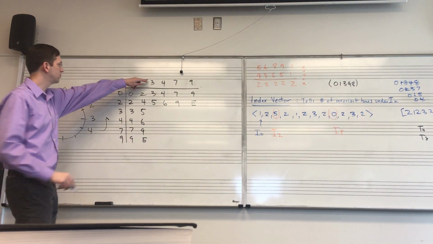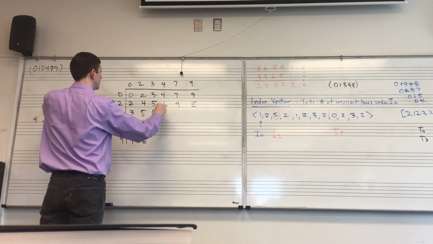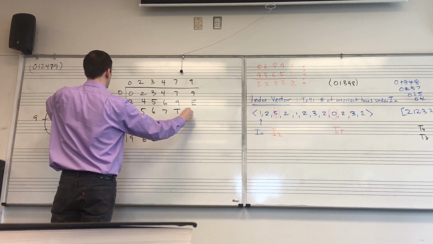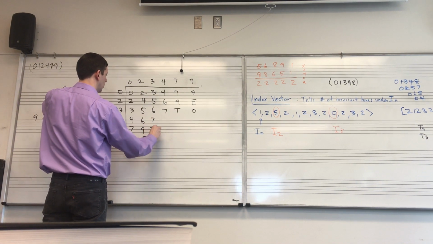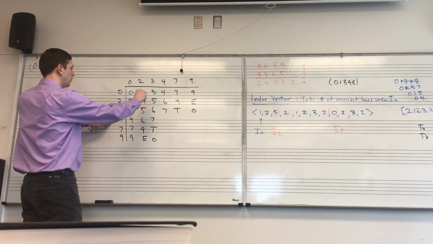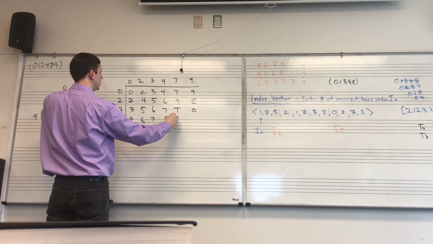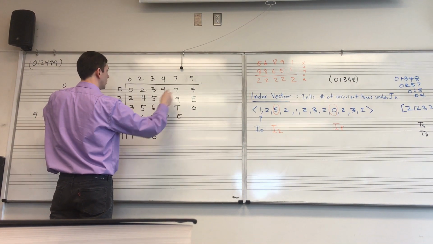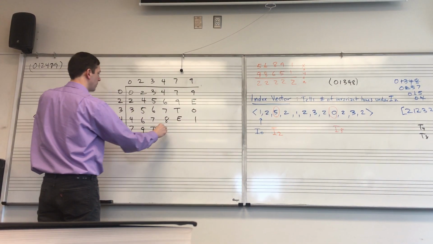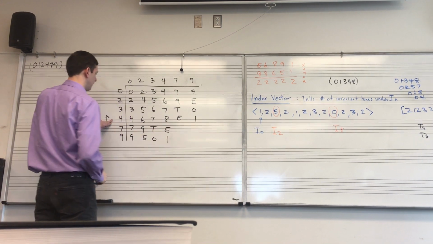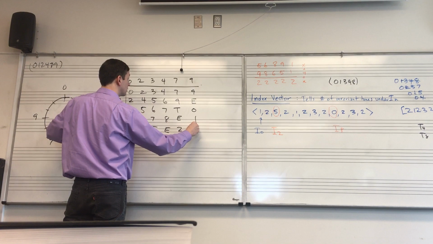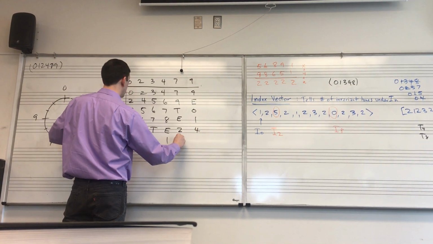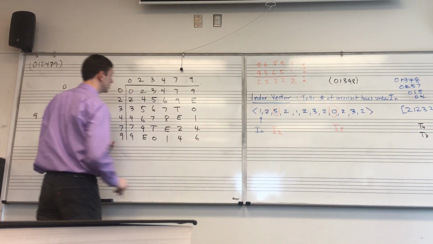Then 3 plus 3 is 6, 6, 7, 7, 10, 10, 12. Then 0, 4, 8, 11, 13. 7 is 14, 16, 16 or 4. And then 9 and 9 is 18, which is a 6.